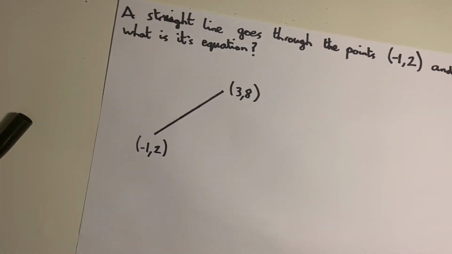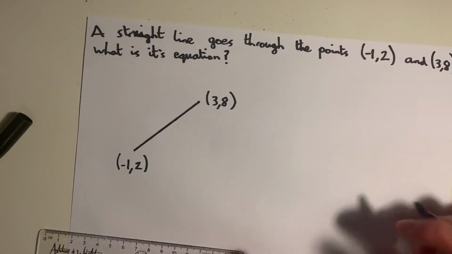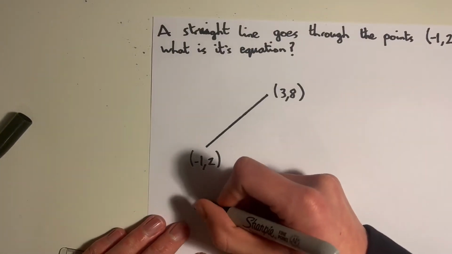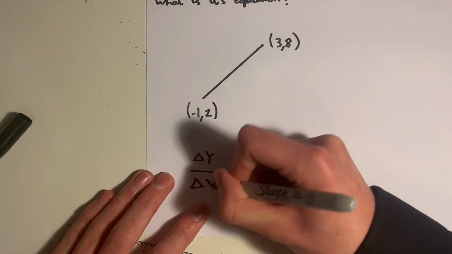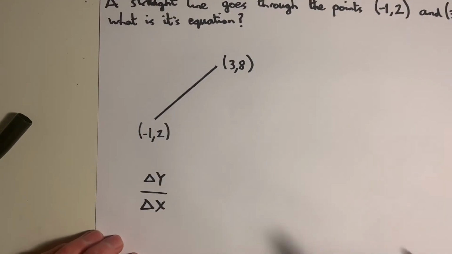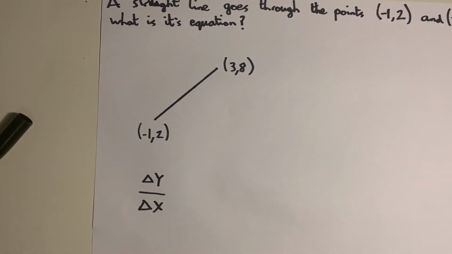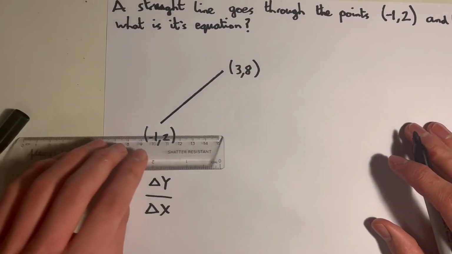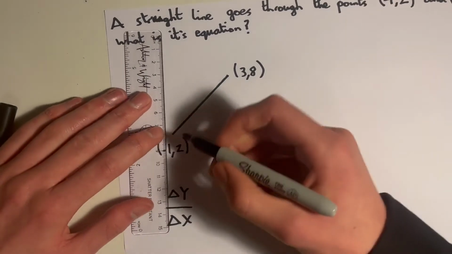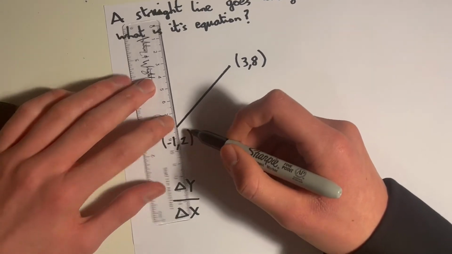What we're trying to work out is the y-intercept and the gradient. So if we work out the gradient first, gradient, as we know, is change in y over change in x. So all we need to work out is the change in y from these points and divide it by the change in x of these points. And bosh, we've got the gradient. So the change in y: it starts at 2, because remember the second part of the coordinate is always the y.